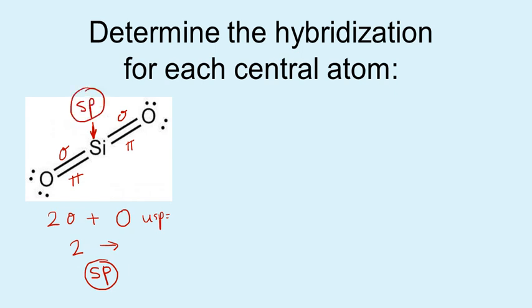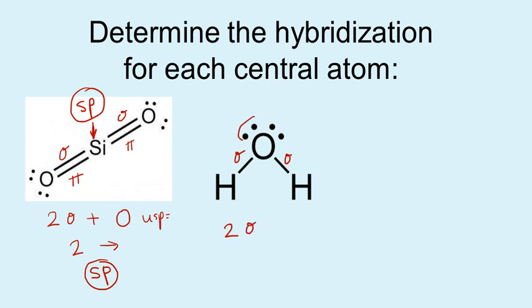That's the first example. Here's another one. Here we have water, H2O, and we do it the same way. We know that the single bond is a sigma bond, and that one is also. So there are 2 sigma bonds here, but notice that we have 2 unshared pairs on that central atom.